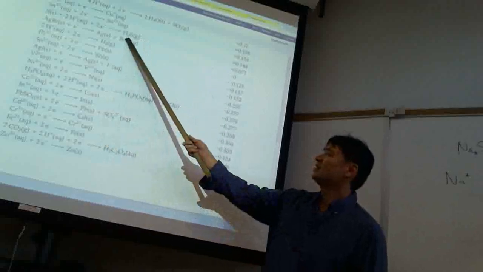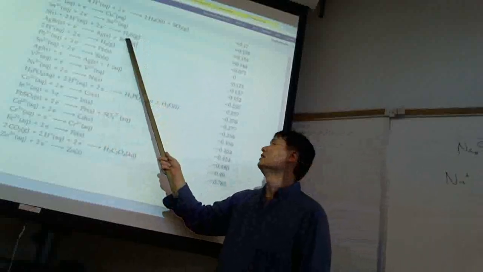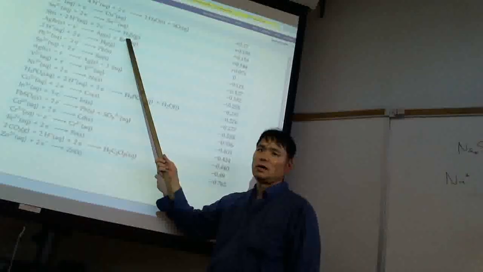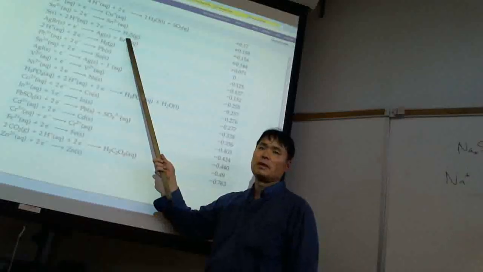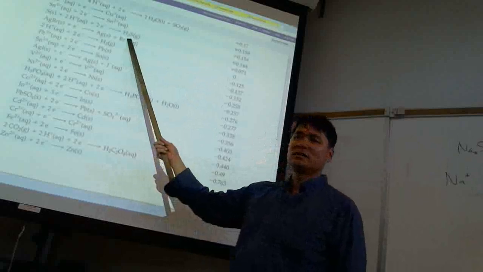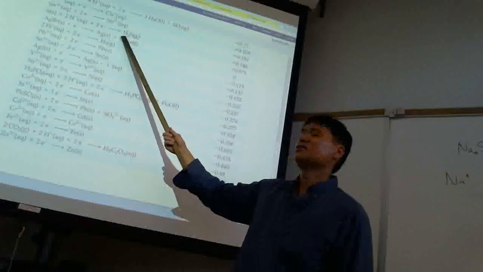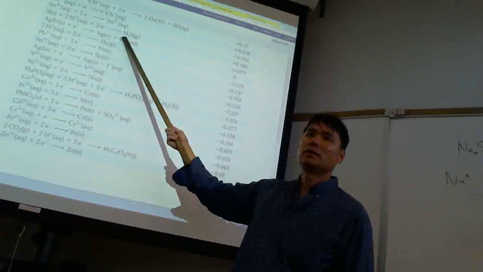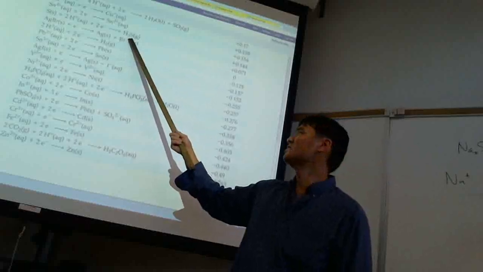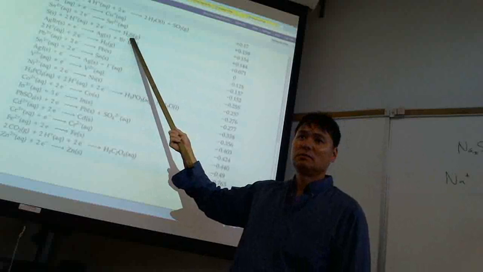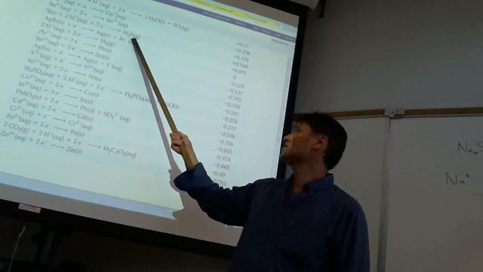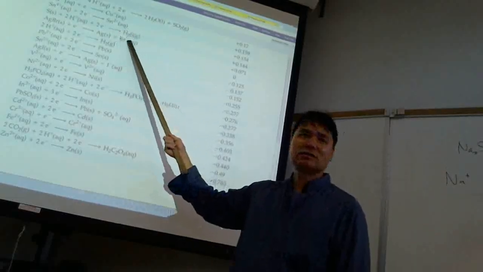Although here we have something close. This is hydrogen sulfide. And do you know oxidation states? What's the oxidation state of hydrogen? In hydrogen sulfide, +1. What's the oxidation state of sulfur? -2. So do you see this is like sulfide, hydrogen sulfide, right?